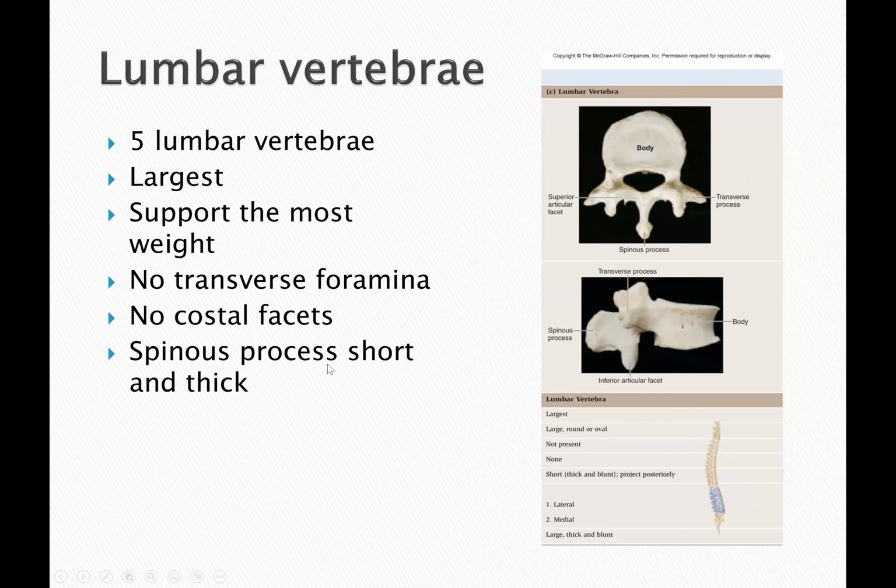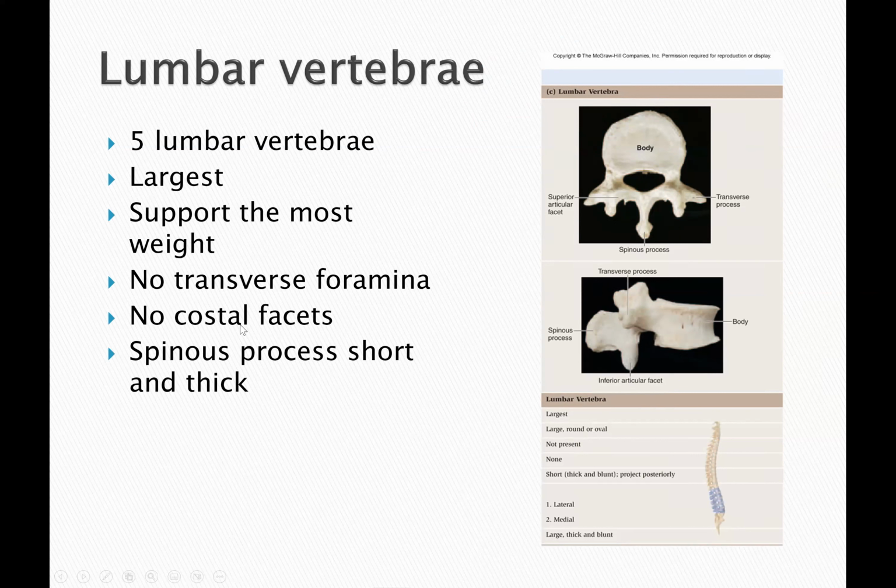And then when we get to lumbar, it's lower, the most inferior. It has the most weight to support, so you're going to have the largest body. No transverse foramina, so no holes on either side. Very short, stubby transverse processes.